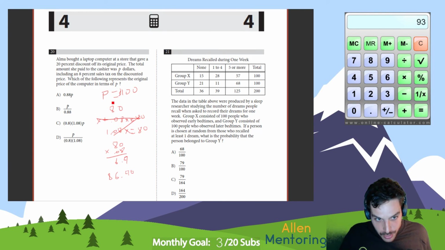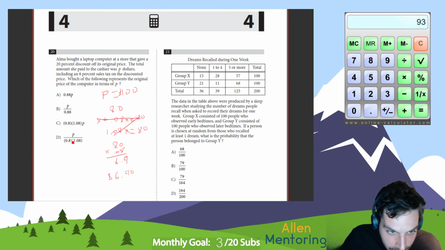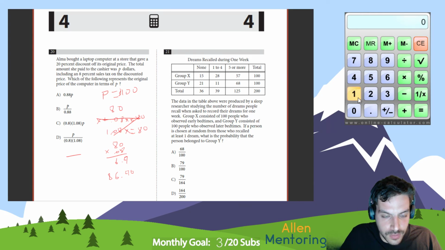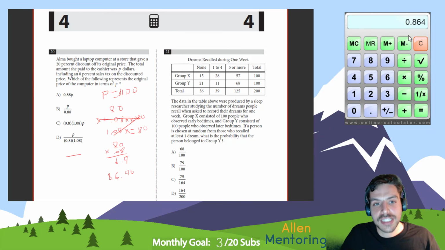Okay, and so we see that P right here, and this is in advance, you can do this yourself, but we only have about 10 minutes left. We see that we have P over 0.8 times 1.08. So that's going to be 1.08 times 0.8, 0.864.